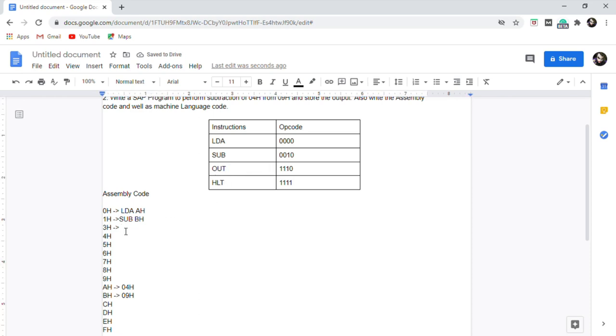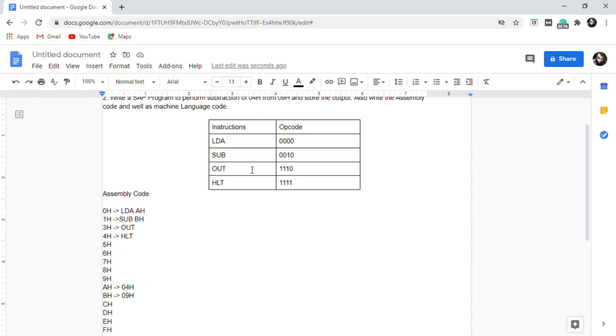So I am going to write here OUT, and this OUT instruction does not need us to specify the addresses. Then after we need to terminate our program by this HLT instruction, which means halt. Basically it will stop processing the data. HLT. So this much we have pretty much finished our assembly code.